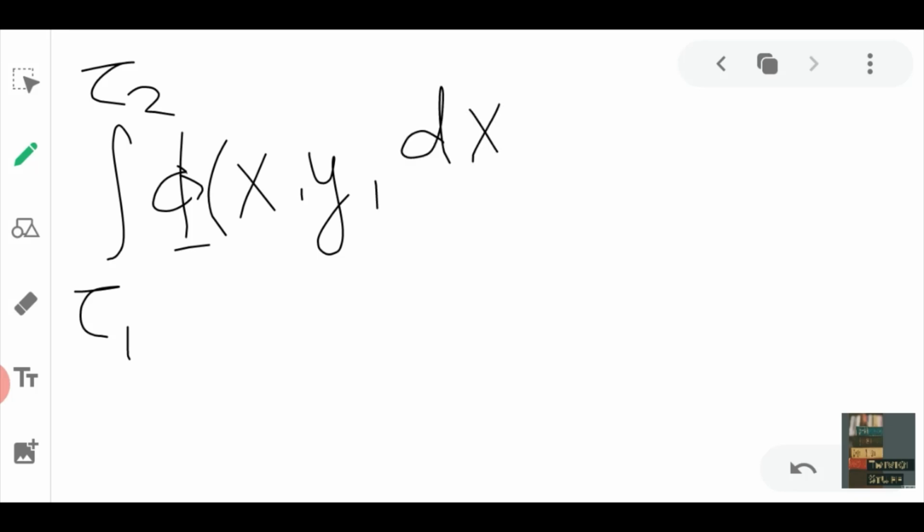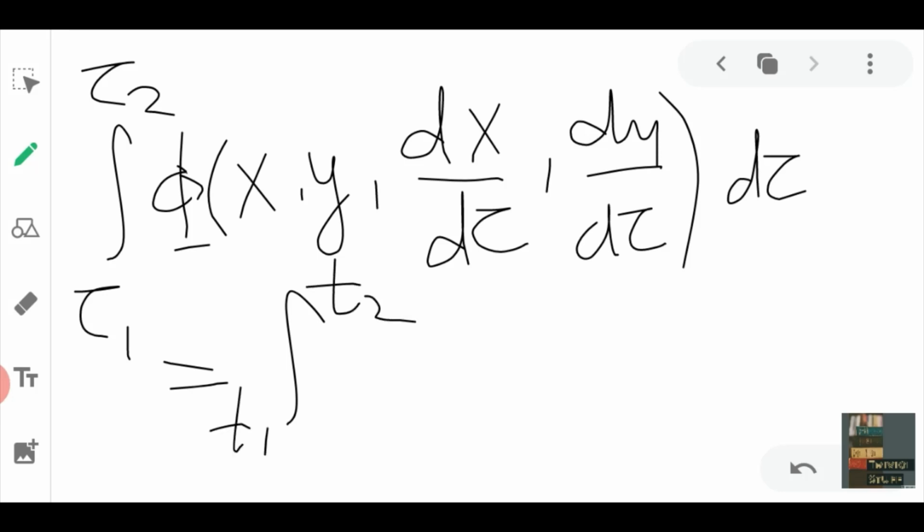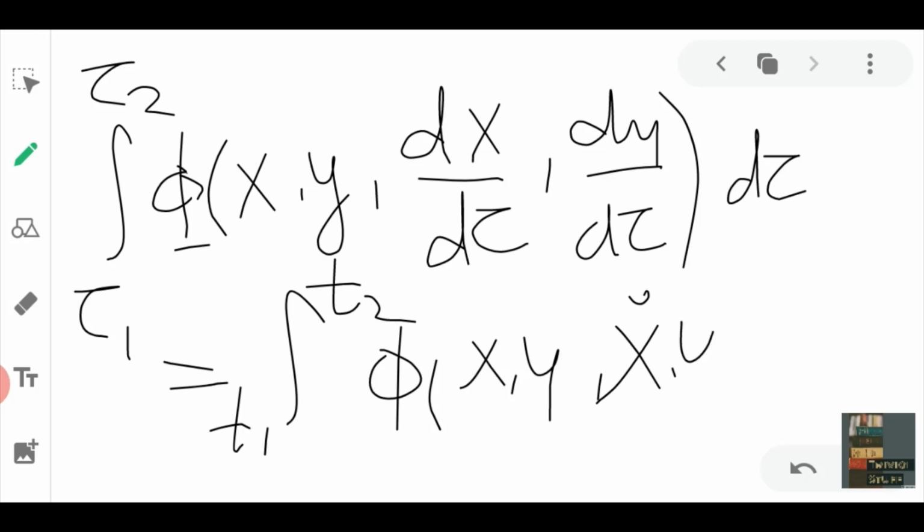So we write it as dx over d tau, dy over d tau, into d tau, which equals the integral from t1 to t2 of phi of x, y, x dot, y dot dt.